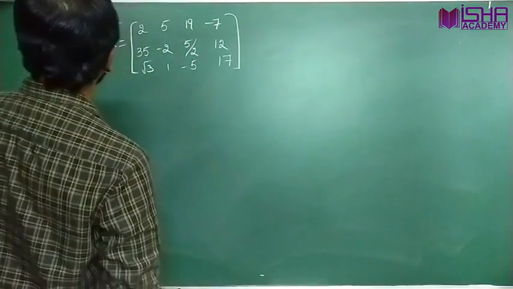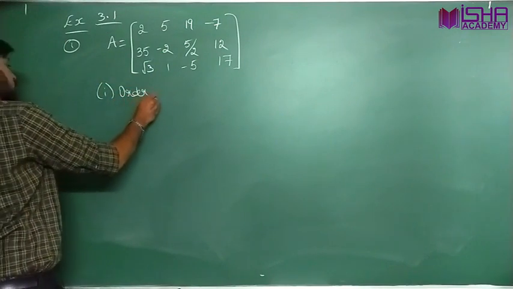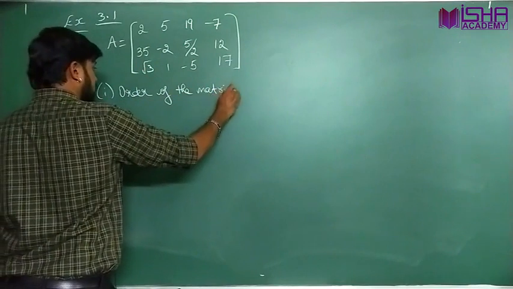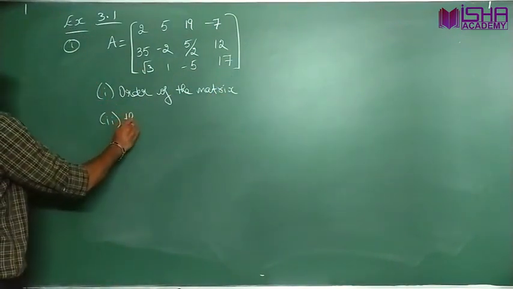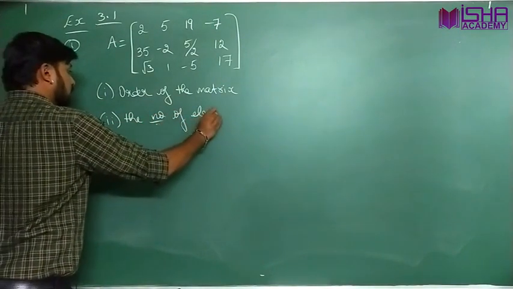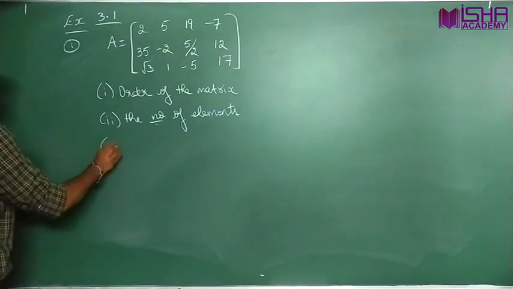First, the order of the matrix. Next, the number of elements. And next, question number 3, you have to write the elements.